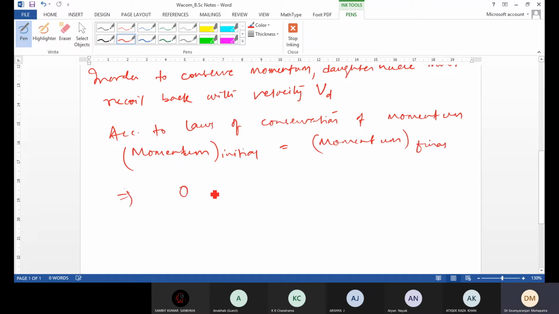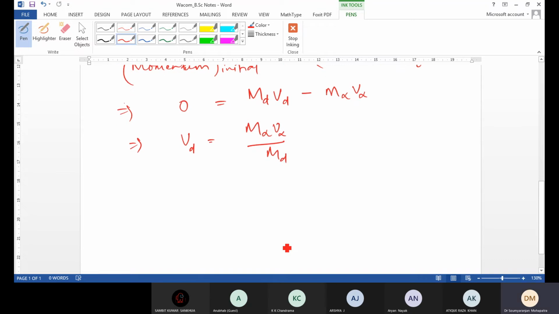We know the initial momentum is zero and the final momentum is md vd, and you have to subtract m alpha v alpha. Why subtract? Because they are in opposite directions: the daughter nucleus and the alpha particle move opposite to each other. So from this equation, Vd equals m alpha v alpha by md. Yes or no?